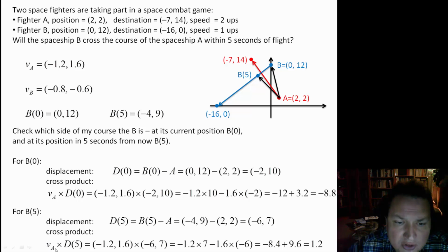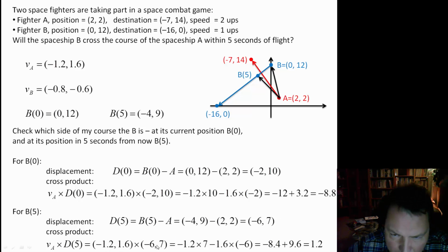The cross product of the velocity of fighter A, the red vector here, and D5, the displacement of the position of fighter B after 5 seconds of flight. So once again, the velocity is available here as (-1.2, 1.6), and (-6, 7) is the displacement which we have just calculated.